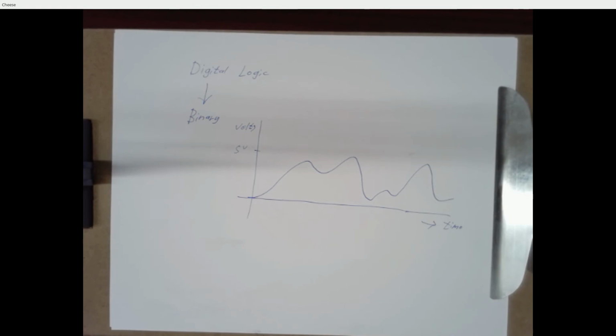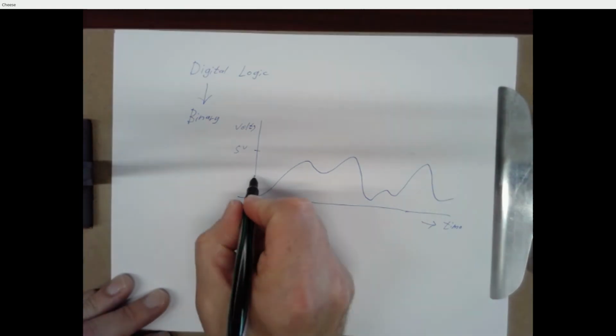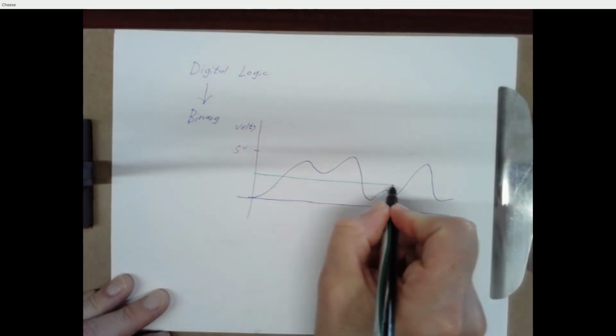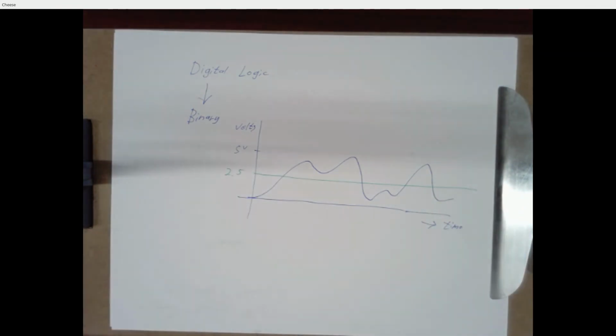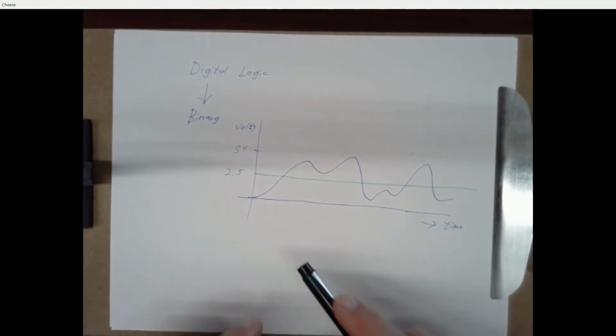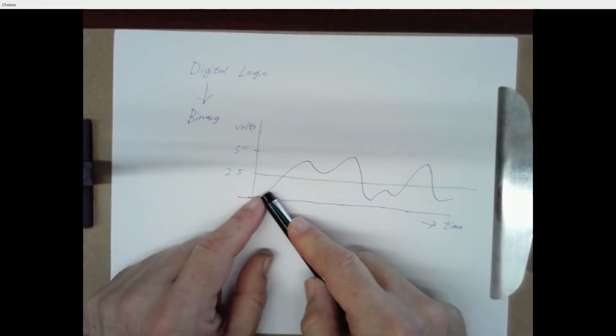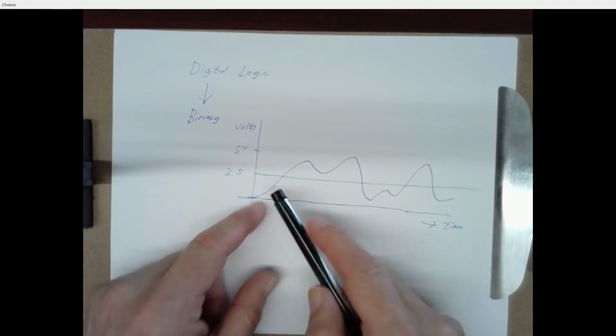Here's what we do in 250: we draw a magic line. Let's say it's in the middle at 2.5 volts. We don't worry about whether this is 1 volt or 1.2 volts or 1.211 volts. We just worry, is it above or below this green line?